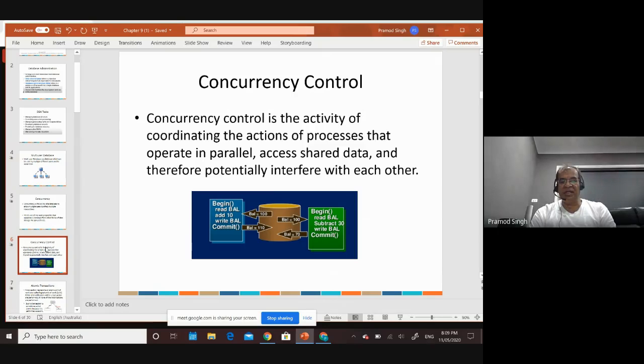Both processes are trying to access the same shared record, the same data, and trying to modify it. They are obviously interfering with each other because both of them are accessing the same piece of data and trying to make changes. That is how concurrency happens, and it has to be controlled. Otherwise, there would be problems in getting a consistent record. We will discuss that at a later stage.